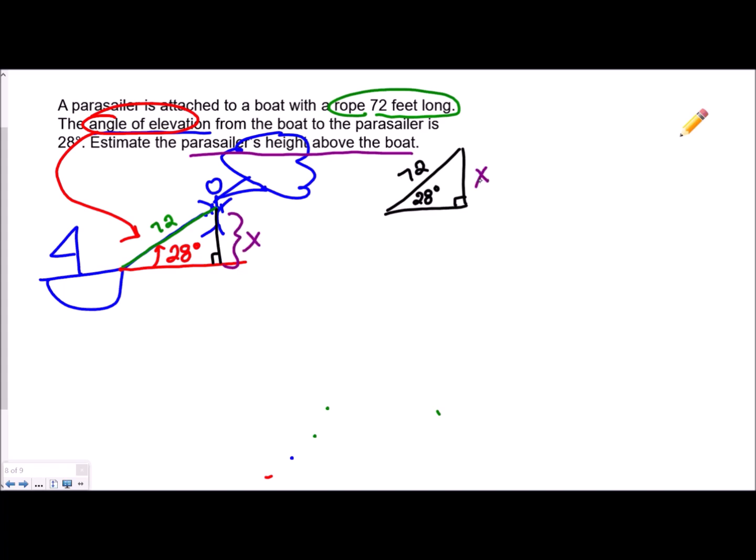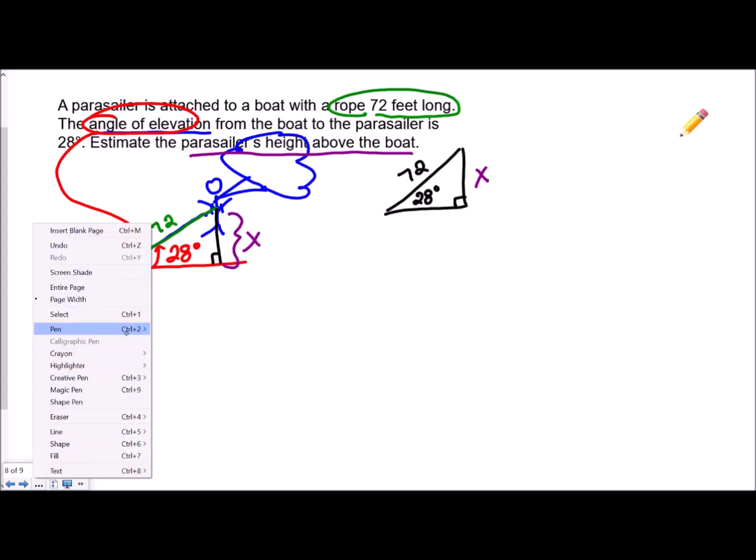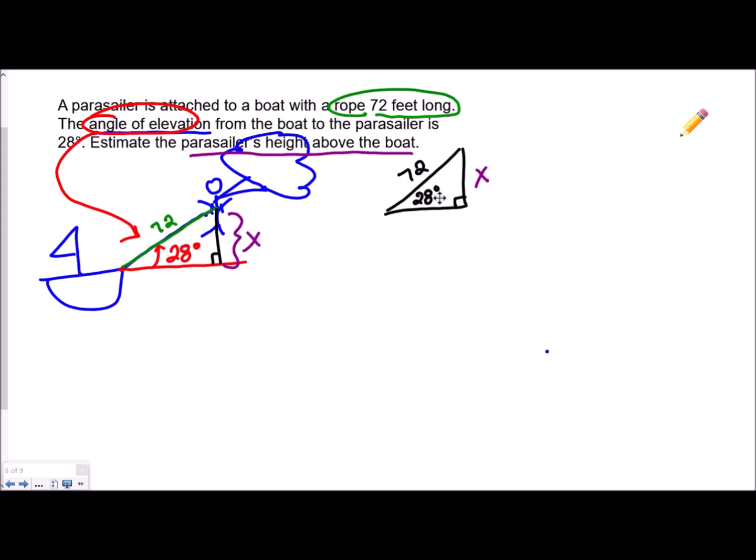which is x. Okay, just like before, in order to solve, to find that other side given an angle, you have to identify what pieces you have. So we've got theta is 28 degrees. Looks like our hypotenuse is given.